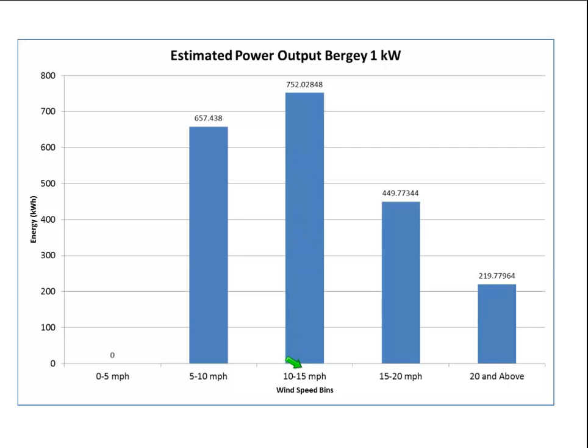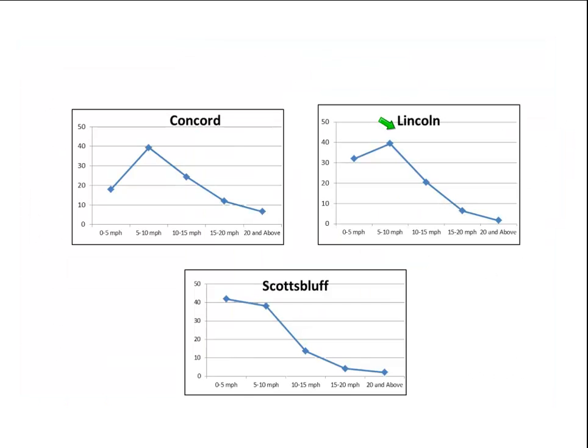And if we were seeing an average wind speed of 12, which is one of the sites that I have a wind turbine at, 12 miles per hour, that fits pretty well. So there's a good number of hours, plus we're getting a good amount of power. Again, out at that higher wind speed, the problem is I just don't have a lot of hours, even though I'm creating a lot of power at that time. So again, it gives me an estimate of 2,077 kilowatt hours per year for that particular turbine.